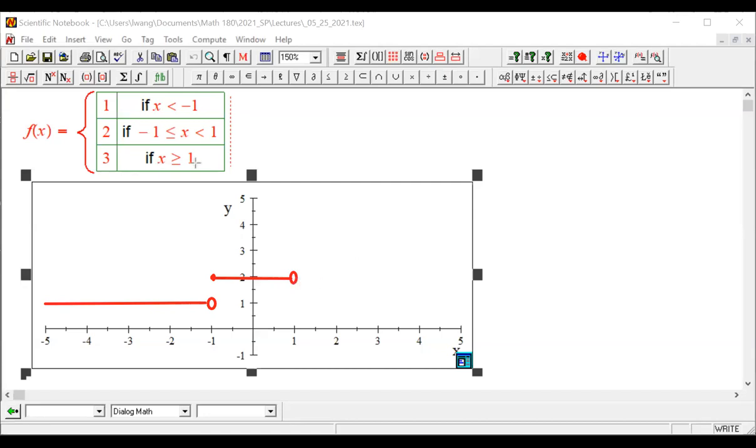The third piece is x greater than or equal to 1. That rule says the output is going to be all 3. So the output will all be 3 forever. And there will be a dot over here.